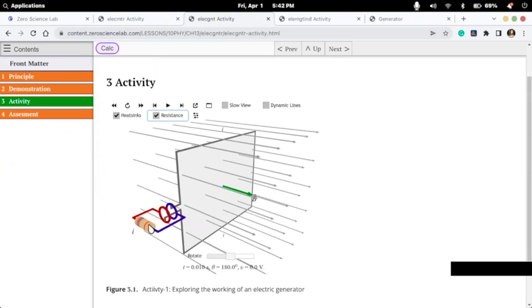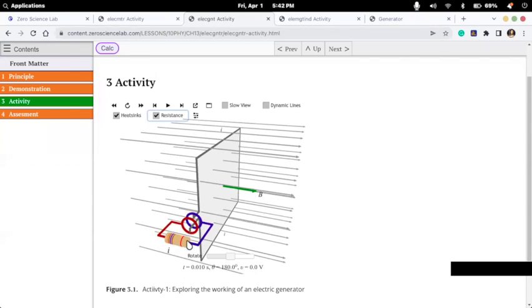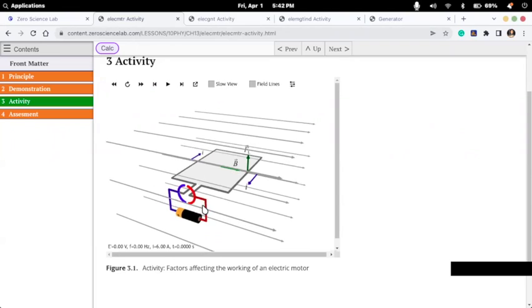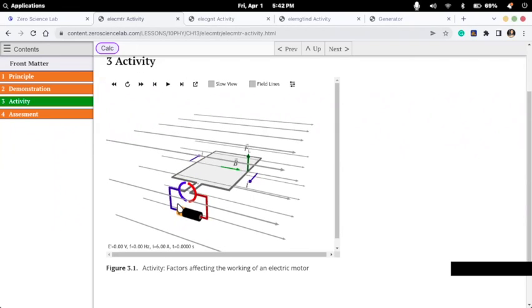This is connected to what here? Two ends of the coil are connected to, what is this called? Battery, sir. No, it's a magnet. What is this one? Now this is the battery. Okay. So in the case of the motor, this is connected to a battery, right? Yes, sir.